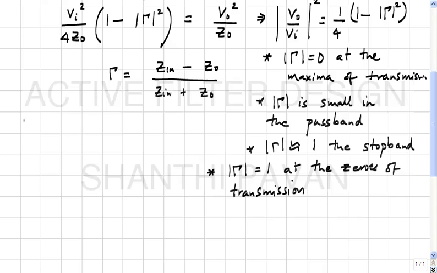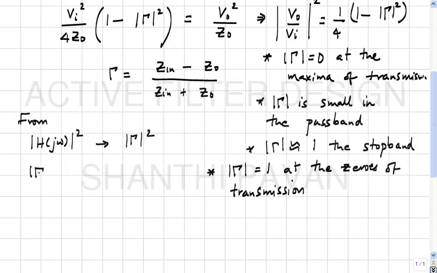So this suggests a way of realizing the network, and that is from mod H of j omega square, you get mod gamma square, where this is all evaluated on the j omega axis.